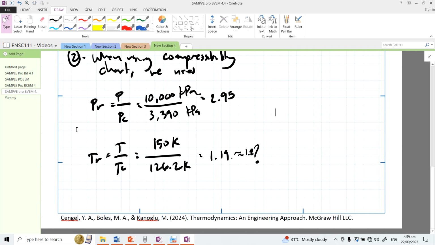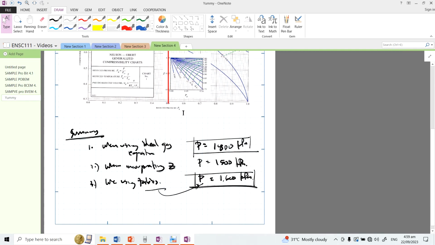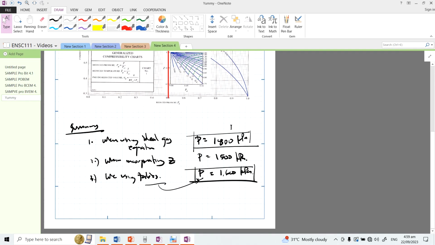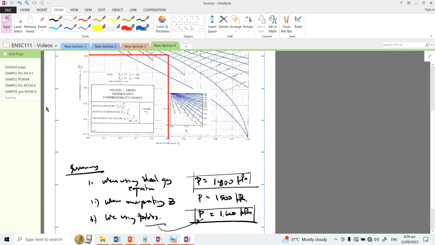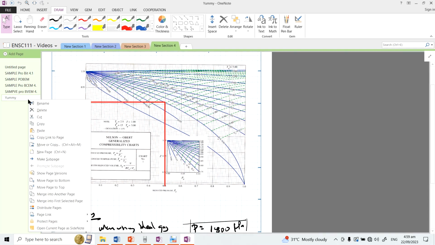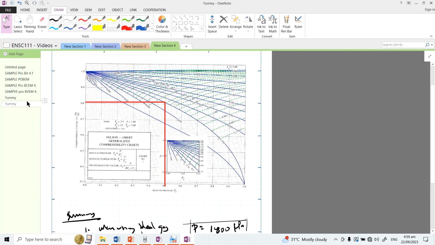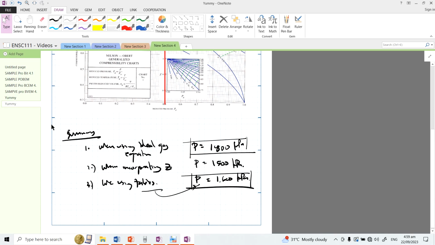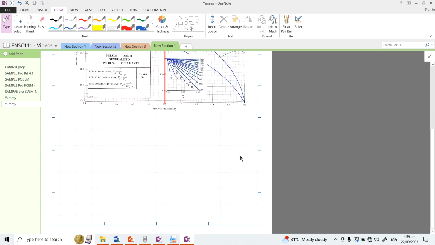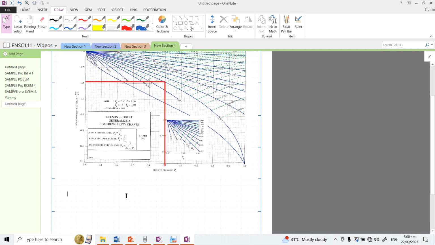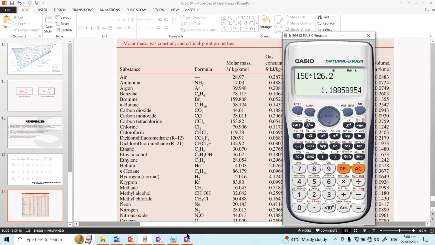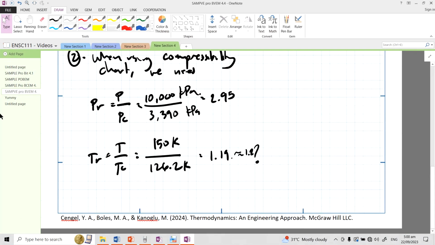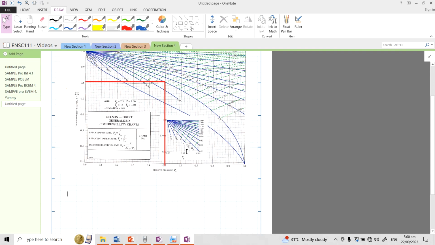Anyway, we'll check the chart. Now going to the chart, PR is 2.95.